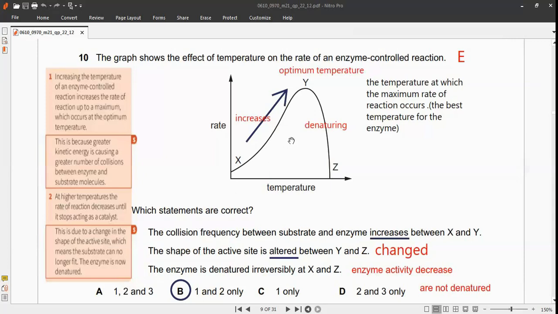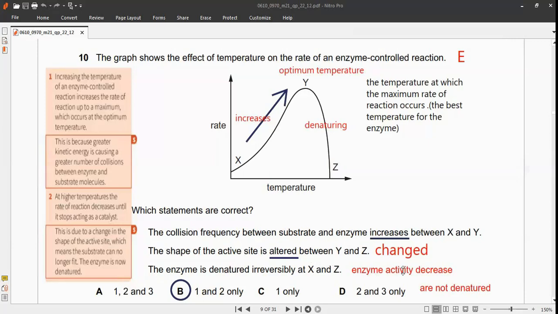At higher temperature, the rate of reaction decreases until the enzyme stops acting as a catalyst. This is due to the change in the shape of the active site, which means the substrate can no longer fit. The enzyme is now denatured.